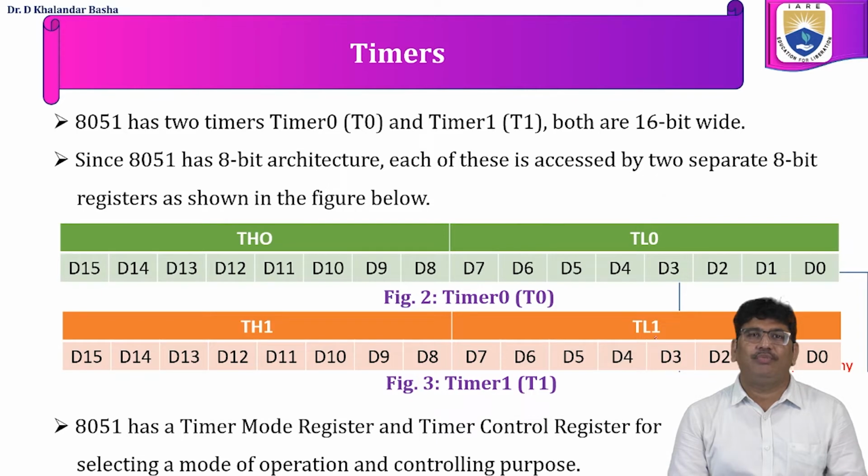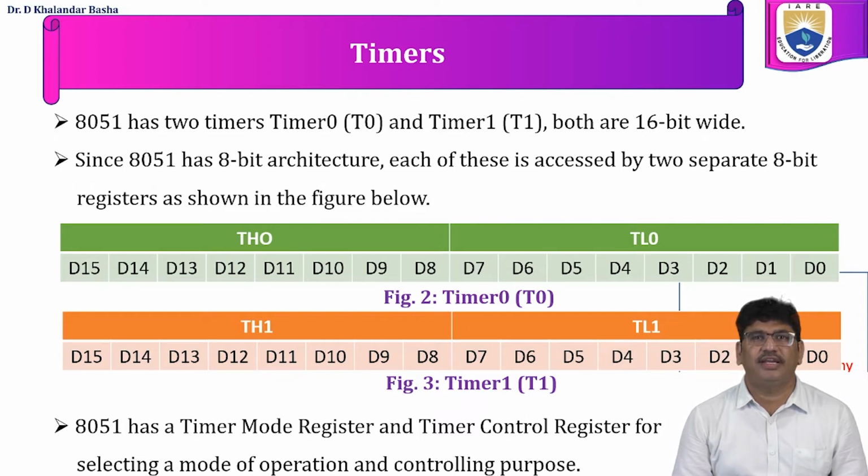The 8051 microcontroller consists of various registers. For timers, there are two timers, that is timer 0 and timer 1. These two timers are 16-bit size. The size of these registers T0, T1 is 16 bits. Since the 8051 microcontroller has an 8-bit architecture, each of these is accessed by two separate 8-bit registers as shown in the figure.